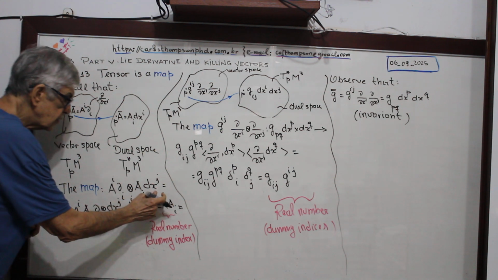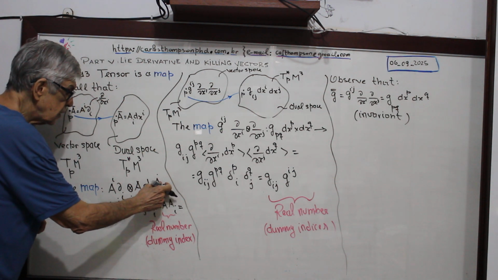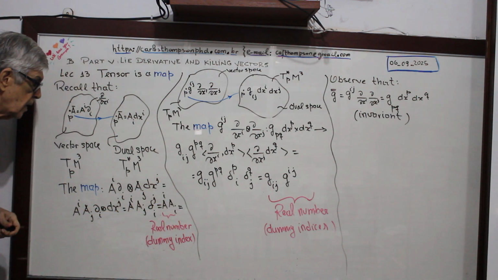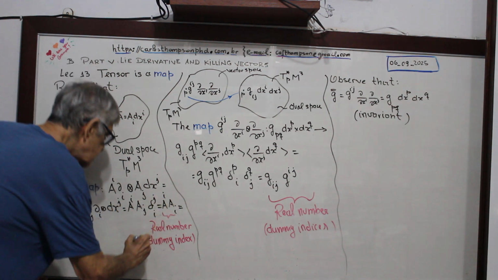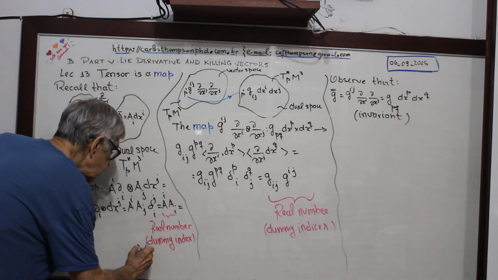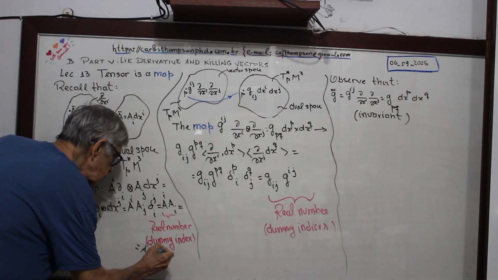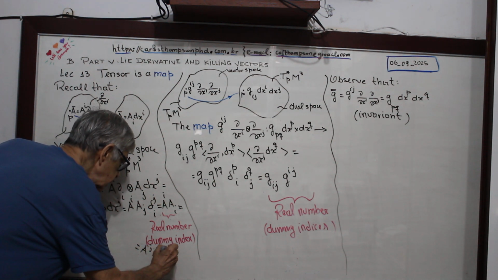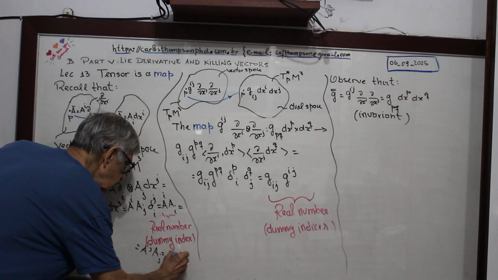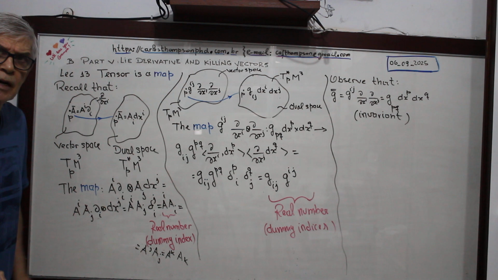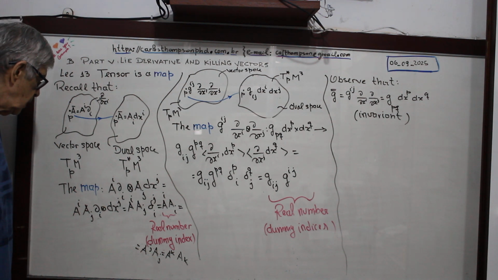You see, this A^i here is contravariant in this case, this is covariant. This is the same as A_j or A_k, because this is a dummy index.